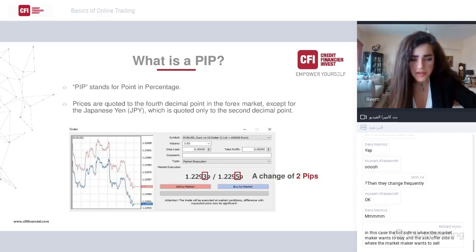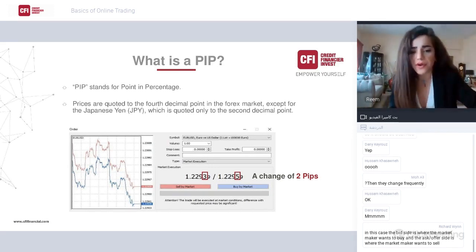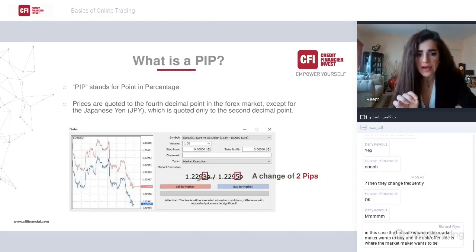So basically, the spread is the profit that the exchange house takes. To materialize this value, we translate it to a number. That's why I'm now calling it a pip, or a point in percentage, the fourth number after the decimal point. As you can see in this example, the euro against the dollar is 1.2293 against 1.2295. These are old numbers, of course; now the euro is much less.